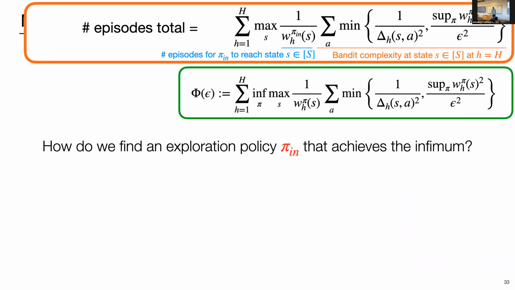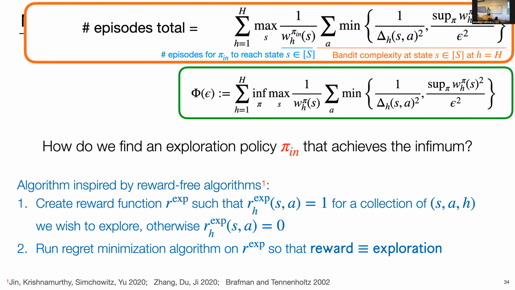And the big question then is, where does pi in come from? How do you find this great policy that somehow achieves the inf over all pi instead of just some arbitrary pi in? How do we achieve that? And it's actually kind of cool. We leverage two works in particular: Jin et al. and Zhang et al.